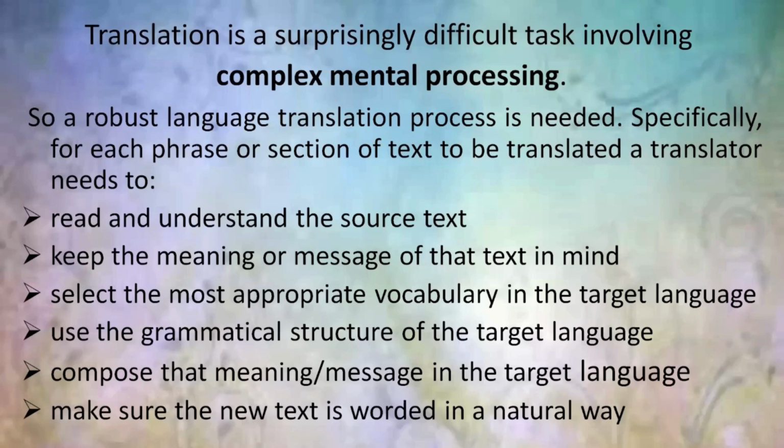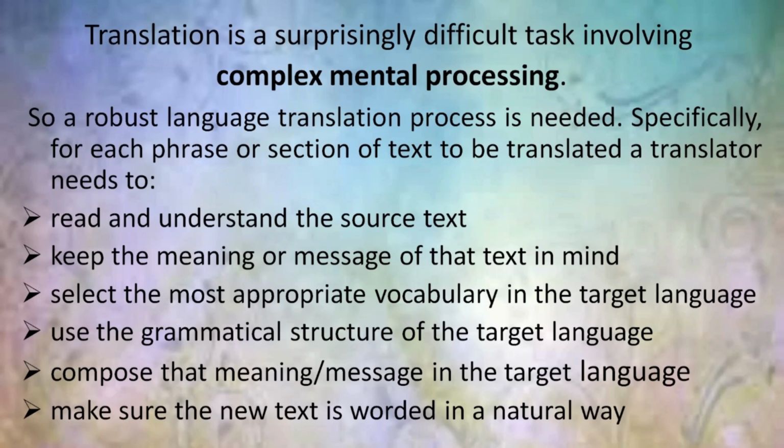A proper process needs to be followed during the language translation process. While translating each phrase or section of the text, the translator needs to keep certain points in mind. Firstly, the translator should read and understand the source text. Next, he should keep the meaning or message of that text in mind.